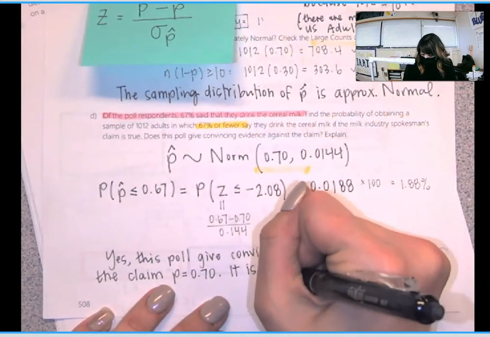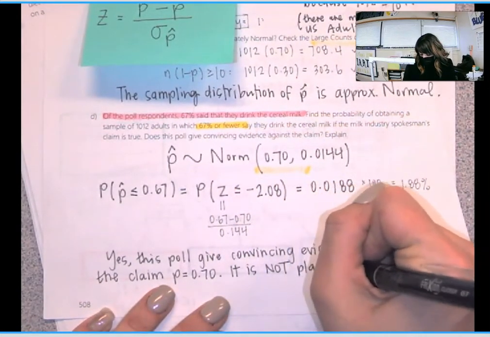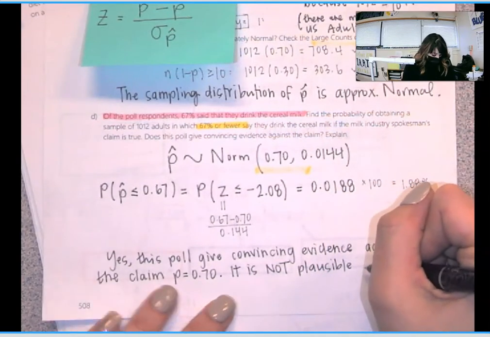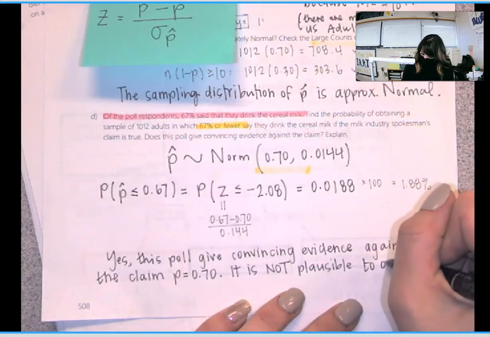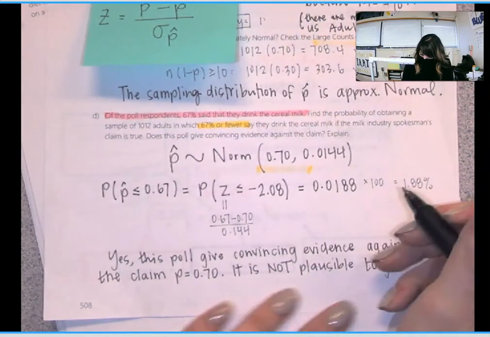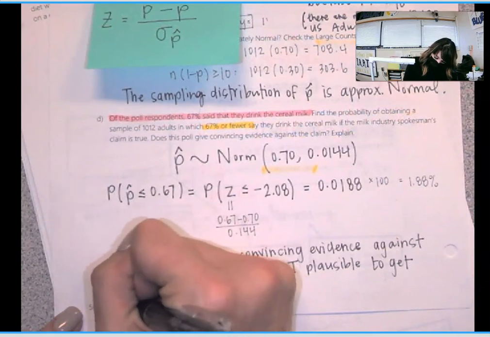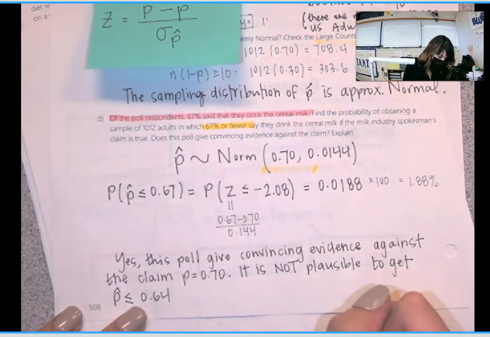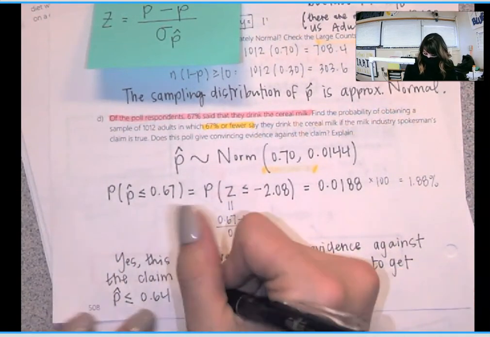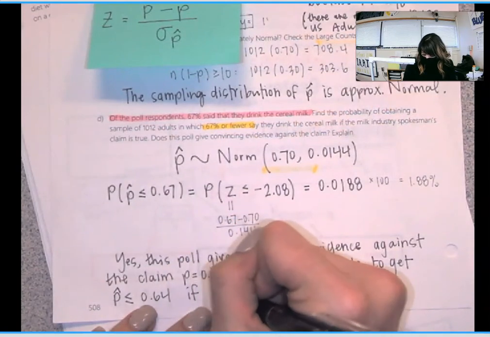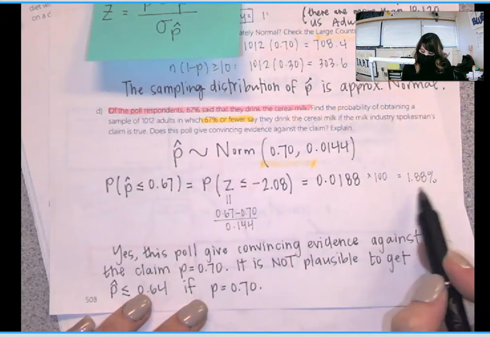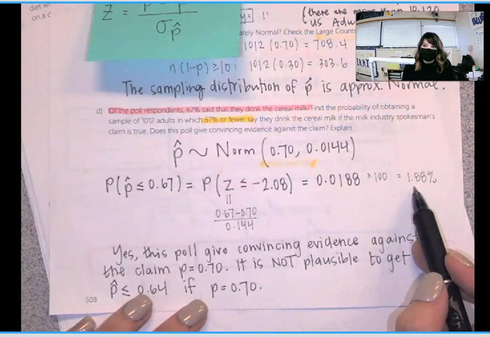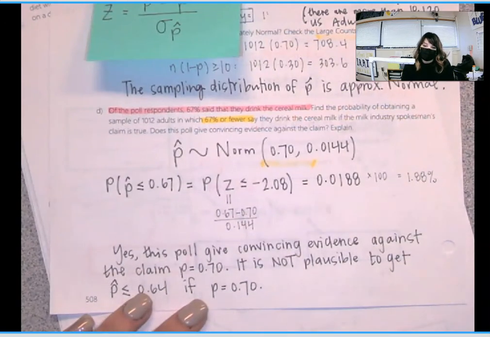It is not plausible to get a p hat less than or equal to 0.64 if p is 0.70. Why is it not plausible? Because the probability of that happening is 2%. That's too low. So this is convincing evidence against the claim.